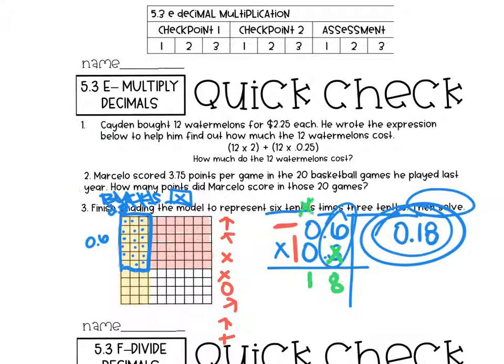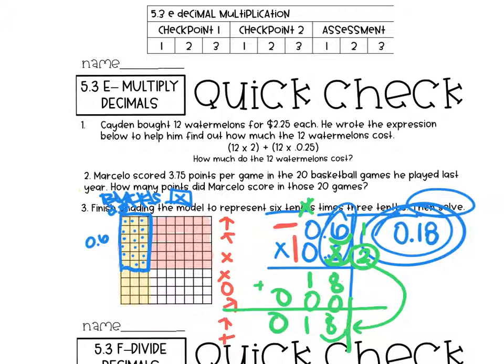X, X, O. 0 times 6 is 0. 0 times 0 is 0. Add it up. We get 1, 8, 0. I've got 1 egg here. And then another egg here, which makes 2 total. So I'm going to bring it down. I'm going to count 1, 2. Place your decimal, and it matches. So this is how you're going to do this.